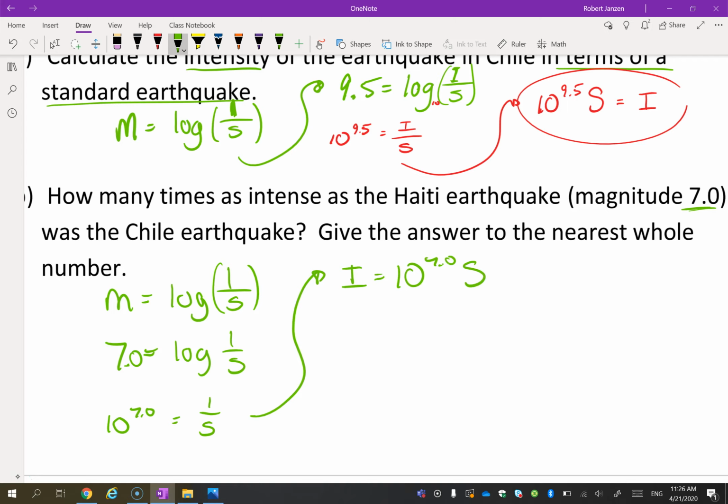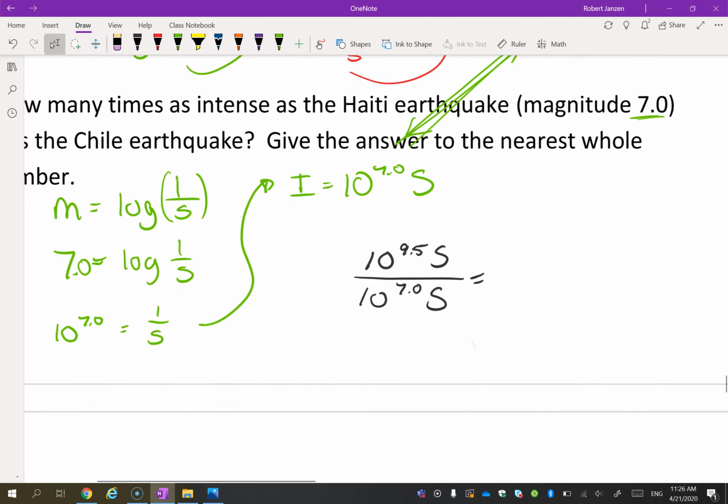Okay, and now we're supposed to compare these two intensities. How many more times intense was the Chile earthquake? Okay, so let's take the Chile earthquake and compare it to the Haiti earthquake. Okay, now if you simplify this, S divided by S, no problem there.